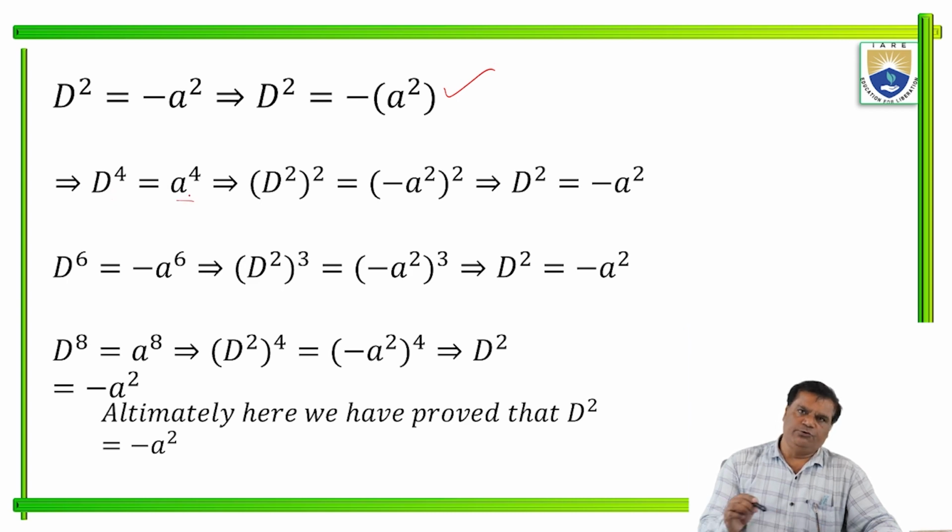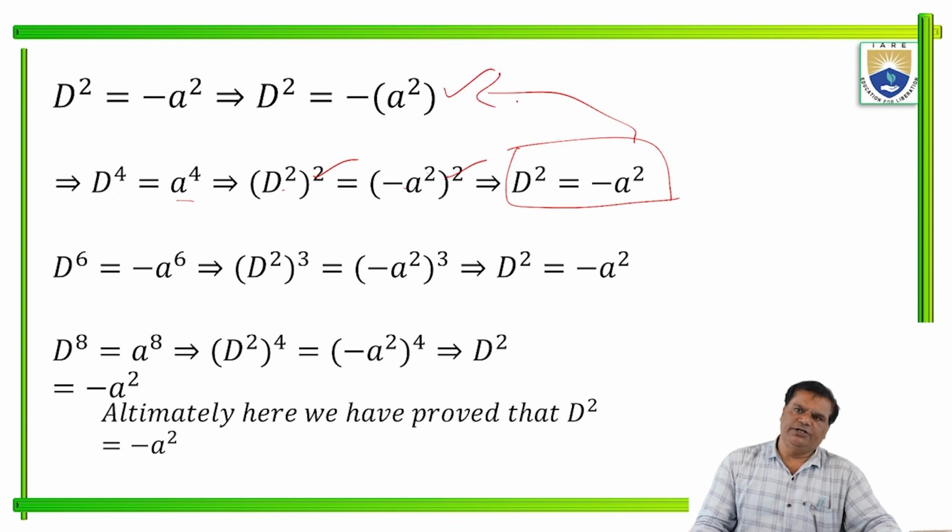D4 equals A to the power 4, so D4 is D square whole square, which equals A4, that is minus A square whole square. The square is cancelled and we get the same result as the first: D square equals minus A square.